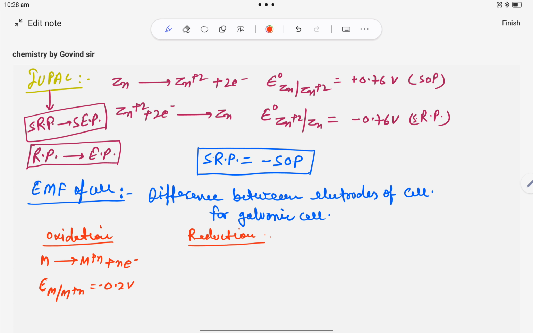Reduction: X^n+ plus n electrons gives X, that is plus 1.8. So what is the difference in that case?